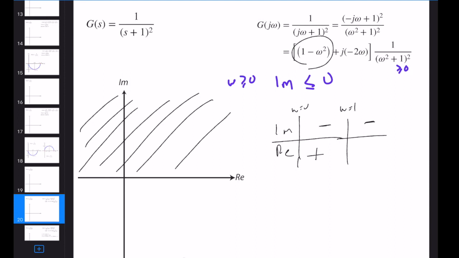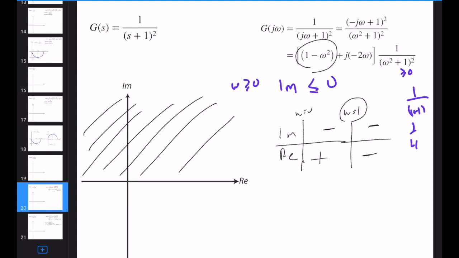Because omega is small, 1 minus omega squared is greater than 0. And when we pass this threshold, it becomes negative. So my transfer function, or my polar plot, will be somewhere here. Okay, so let's clean everything.